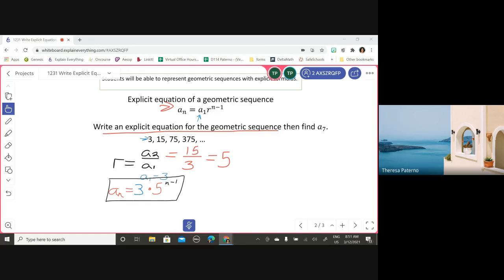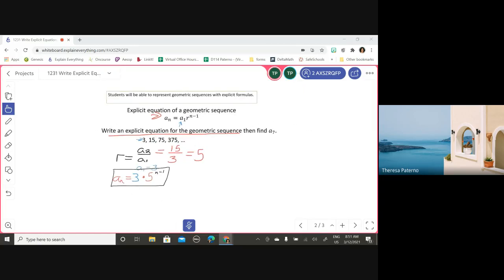The second part of our problem is to find a sub 7, our 7th term. So now we're going to plug 7 in for n. I'm going to have a sub 7 equals 3 times 5 to the power of 7 minus 1.